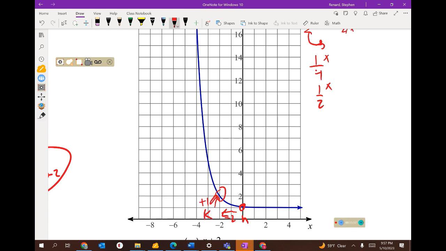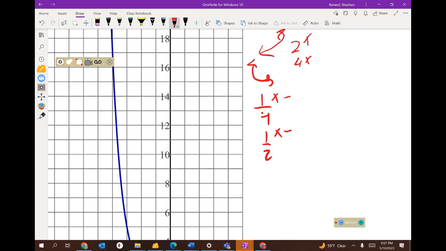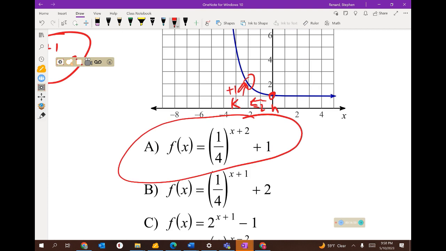That's my k. So remember that this is going to be minus h. So when I put in a -2 there, +1, what this ends up looking like is 1/4 to the x plus 2 plus 1, or 1/2 to the x plus 2 plus 1.